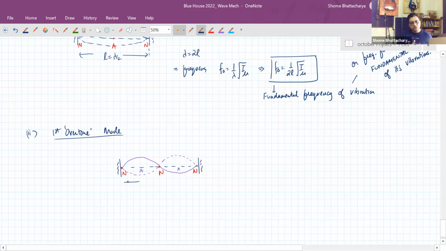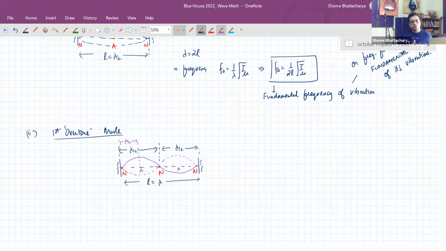So in this case, you can see that the length L becomes equal to lambda, because the distance between consecutive nodes is lambda by 2. These are the antinodes, lambda by 4 lengths.